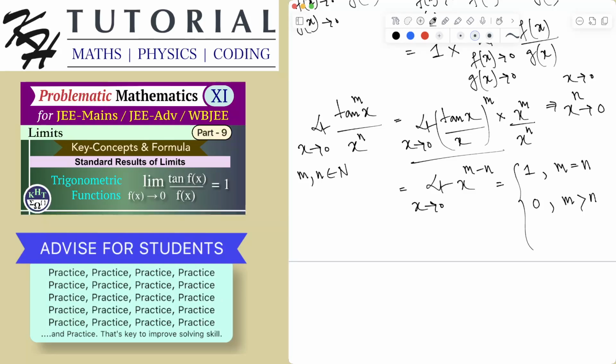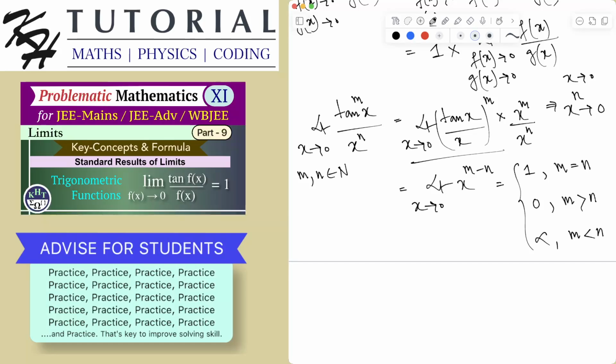So this will be 0 when m is greater than n, and it will be infinity when m is less than n, because if m is less than n, then m minus n will be a negative integer, and it will be 1 by x to the power n minus m.